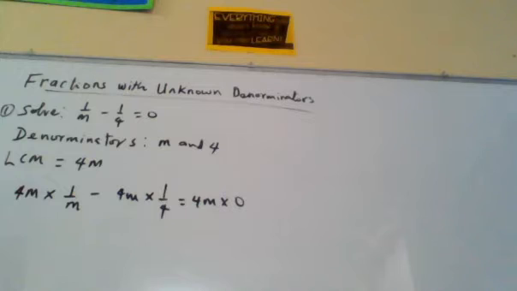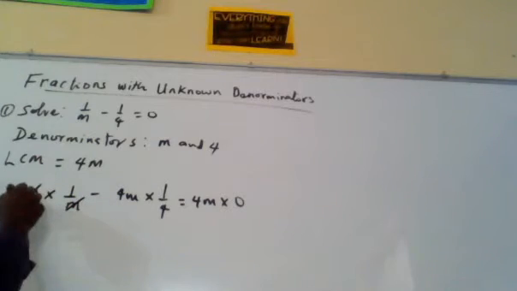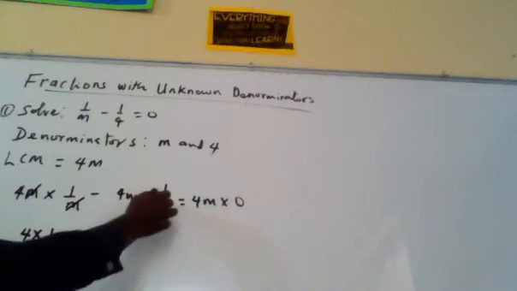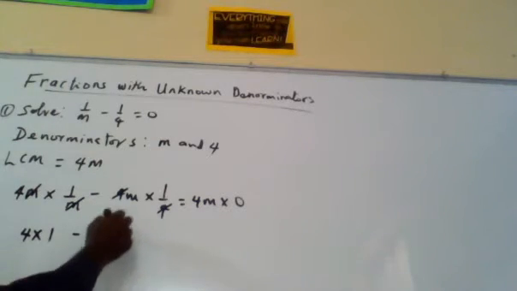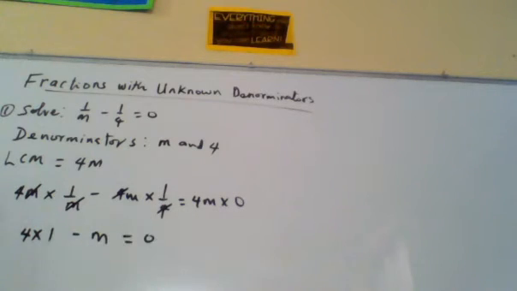So the step that will follow this is to cancel out what can cancel. You know, here m can cancel m. I'll be having 4 times 1 minus 4 cancel 4. m times 1, I'll be having m equals 4m times 0, I'll have 0.